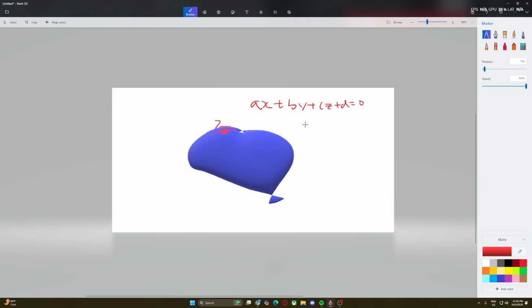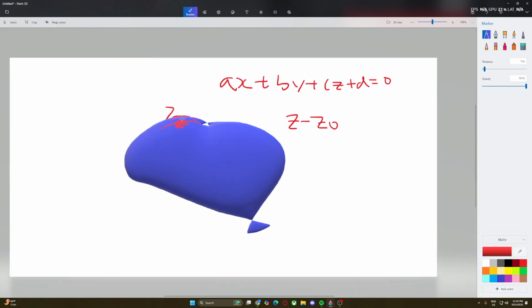Well, it's probably just the normal vector or whatever. Anyways, in normal terms, it's z minus z0, where this point is P0 of x0, y0, z0, and this equals a(x minus x0) plus b(y minus y0). That's it.